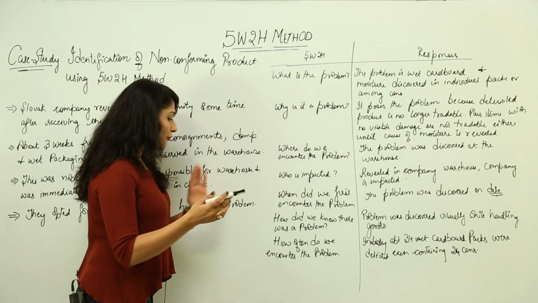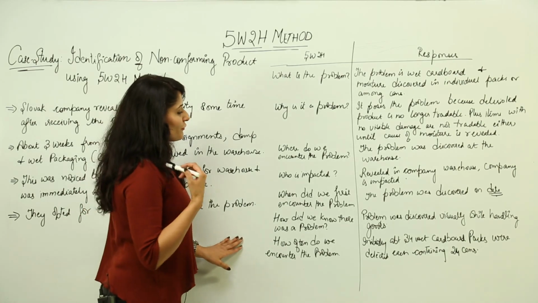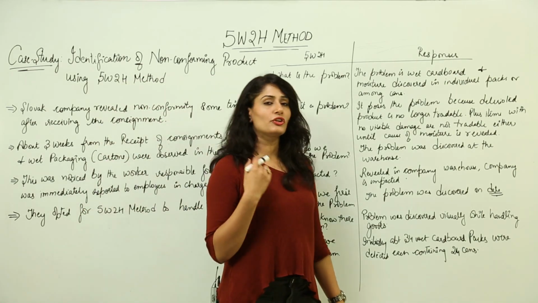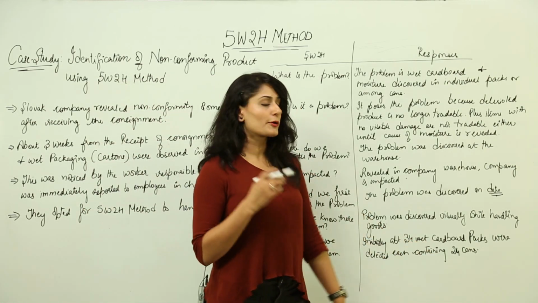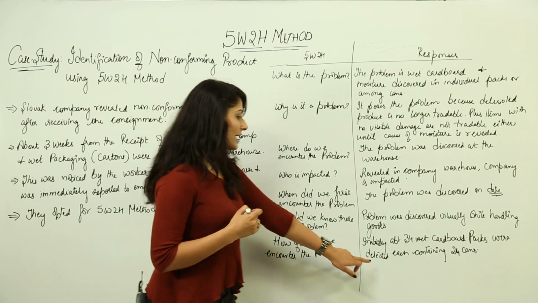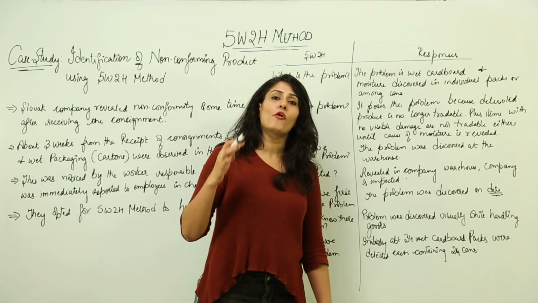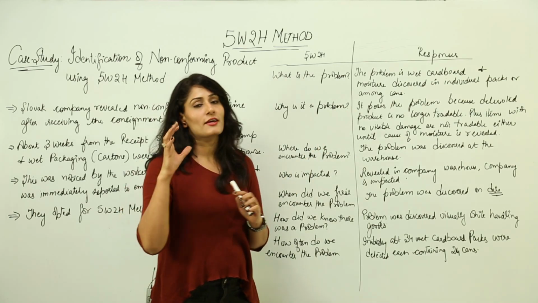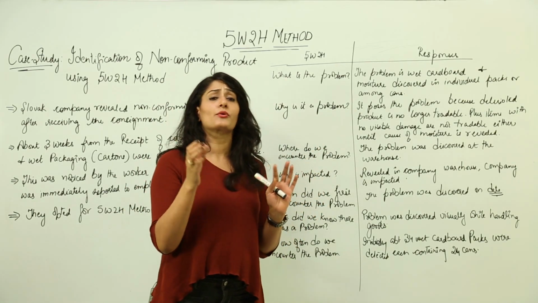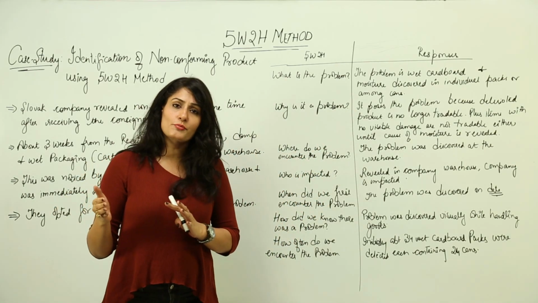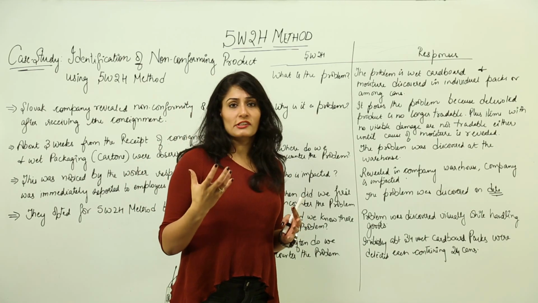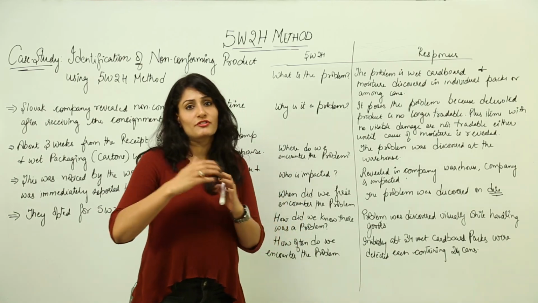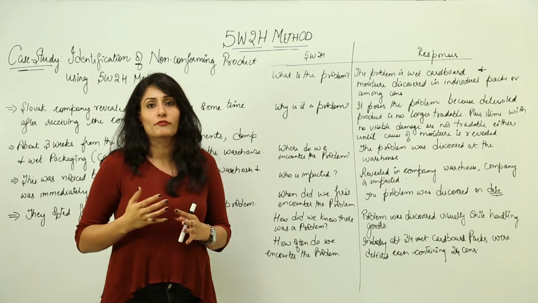And then how often do we encounter the problem? For this the answer they gave was that initially about 34 wet cardboard packs were detected, each containing 24 cans. So this was their initial analysis to figure out the severity of this problem, maybe what is causing it, and what actions they should immediately take to resolve it.